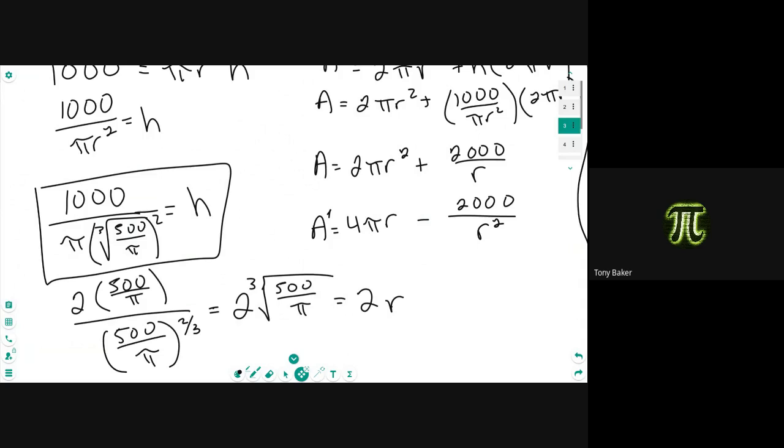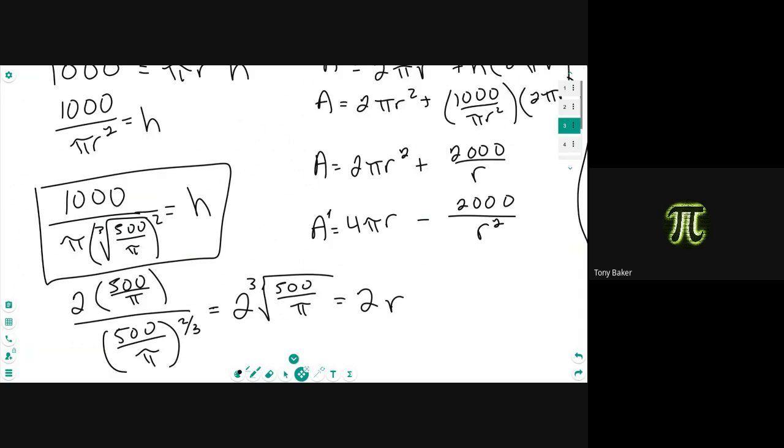Now in this one, for the radius of the can, none of the information was given except for the volume. So the lowest I could possibly have would be 0 for my radius. So not including 0, getting infinitely close to 0.